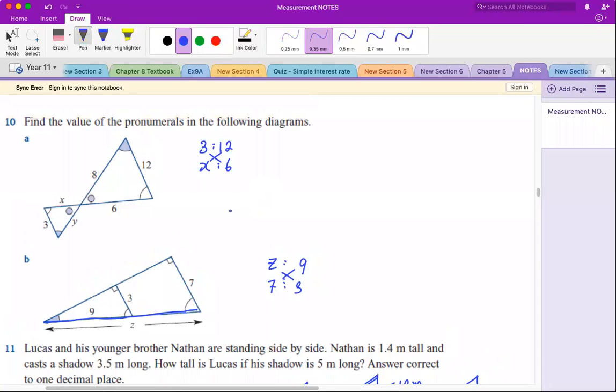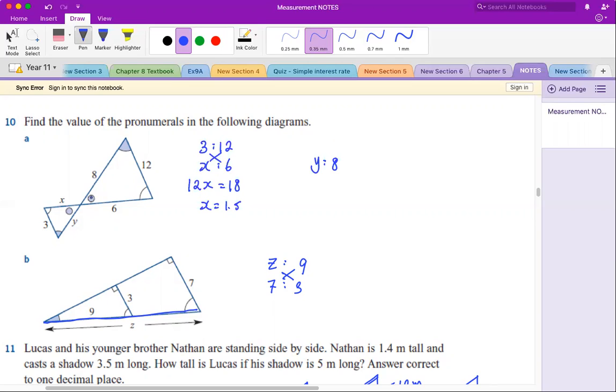Yeah, so then you do 12x equals 18, and then divided by 12, x is 1.5. Yeah, 1.5. Okay, try y. Now we do large. Is it 8 to y? Yeah, 8 to y, and then 12 to 3.